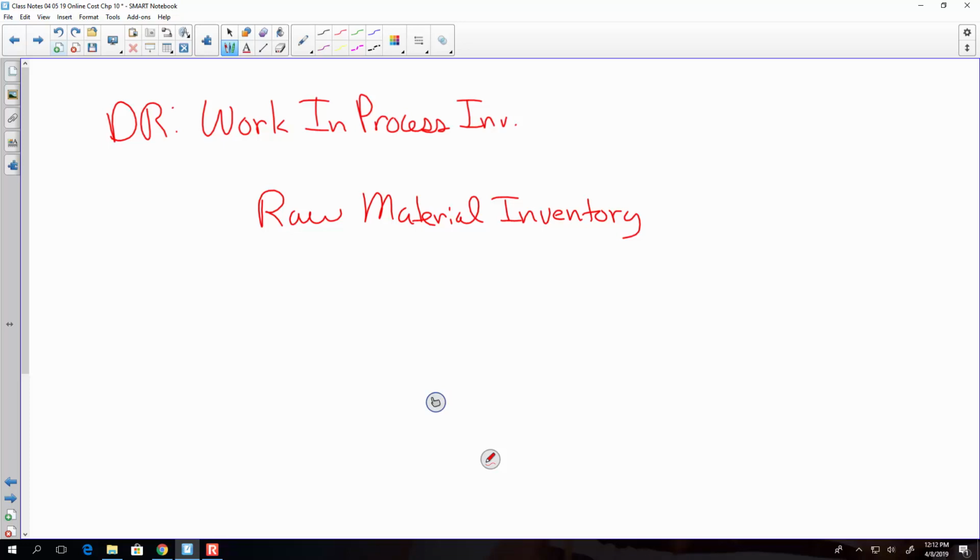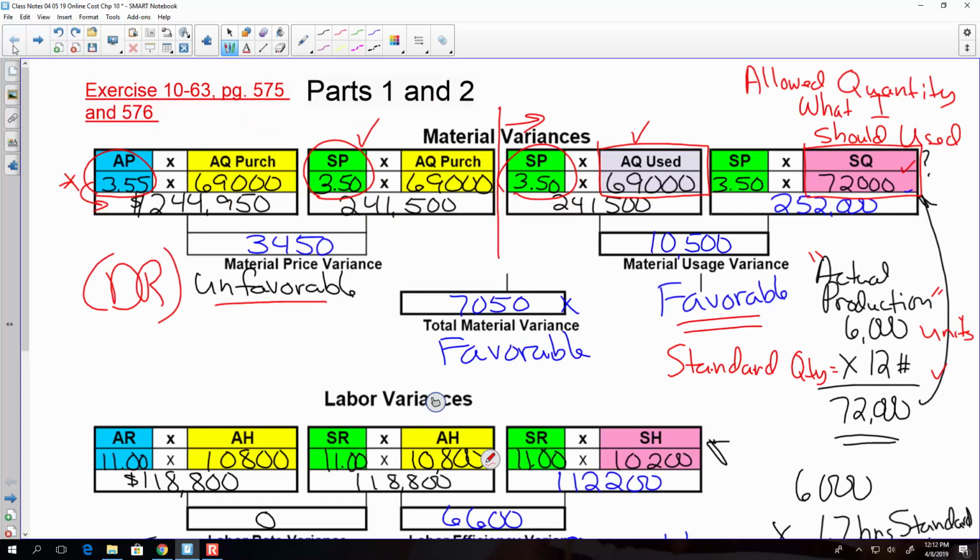In this case, it was favorable. So I know that a favorable variance will always have a credit entry. And I know that favorable variance was 10,500.